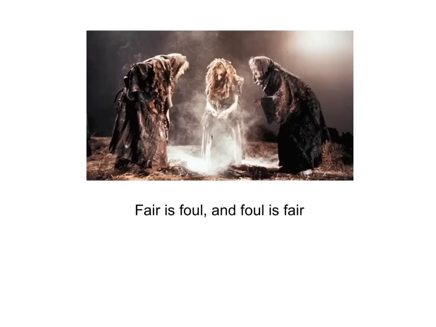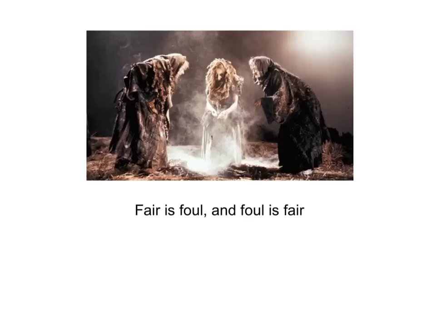Act 1, Scene 1, does not begin with Macbeth. Usually in Shakespeare plays, you're not really introduced to the main characters at the beginning of the play. In Romeo and Juliet, we're not introduced to Romeo until a little bit later. So, the opening of Macbeth begins with thunder and lightning.